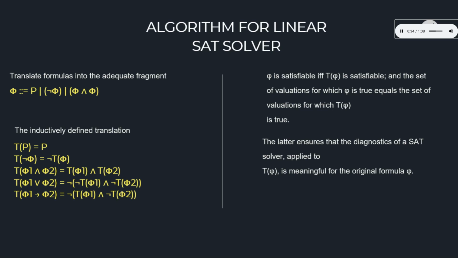T of phi is the transformed formula. Phi is satisfiable if and only if T of phi is satisfiable, and the set of valuations for which phi is true equals the set of valuations for which T of phi is true. The latter ensures that the diagnostics of a SAT solver applied to the transformed formula is meaningful for the original formula.